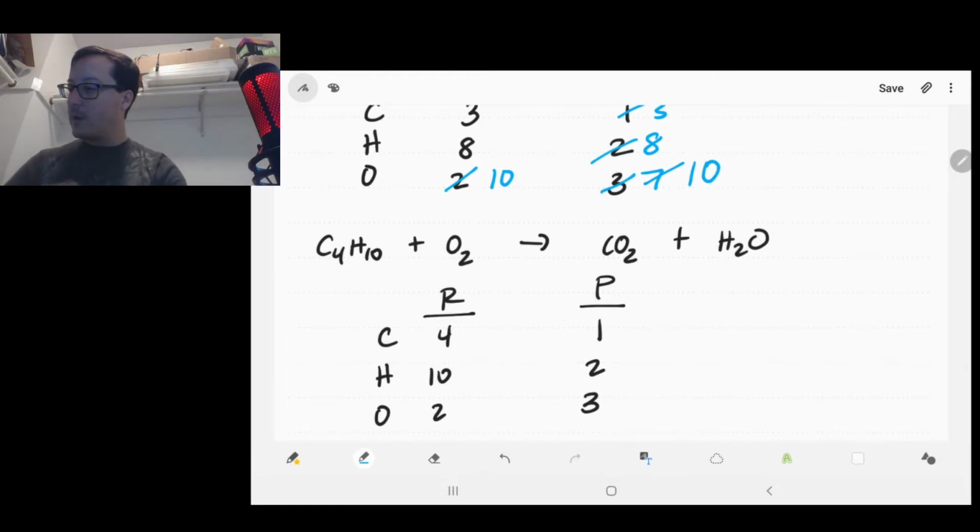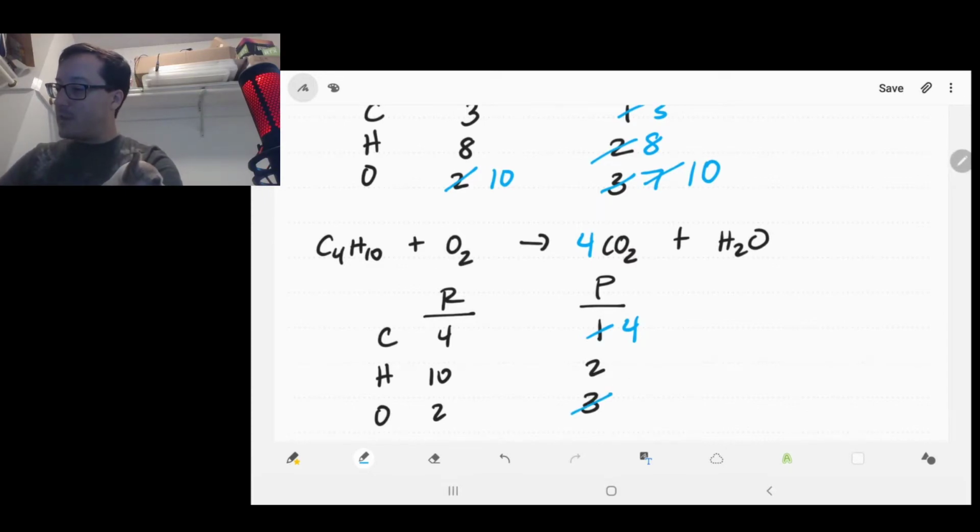Cool. So if I need 4 carbons on my product side, because I want them to always be equal, that means I need to multiply our carbon-containing compound by 4, right? And doing so, I will now have 4 carbons. But by doing that, I've also now added more oxygens.